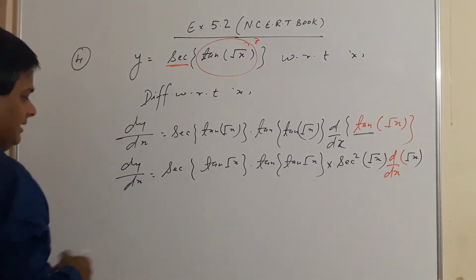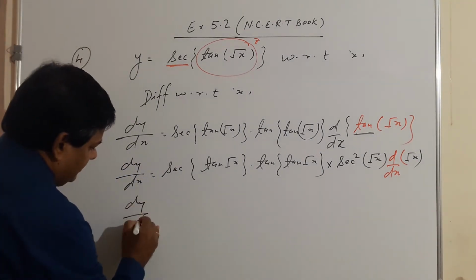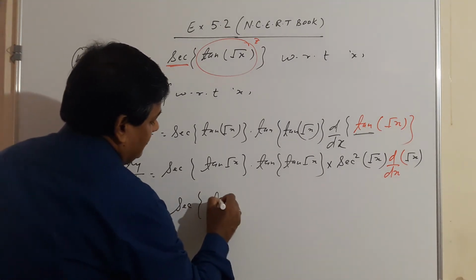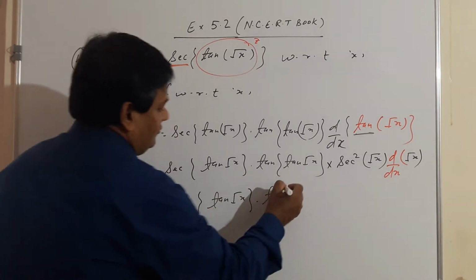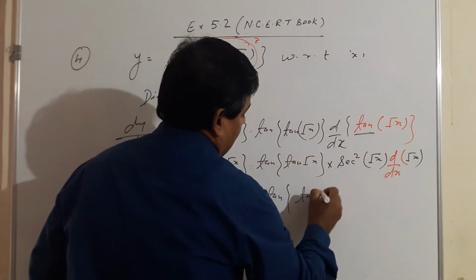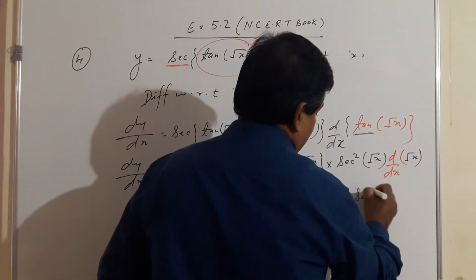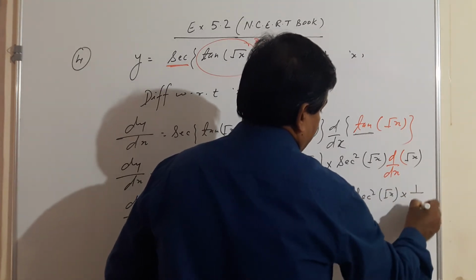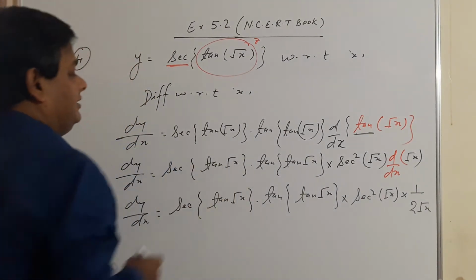So dy by dx is equal to sec tan root x into tan root x into sec square root x into 1 by 2 root x. So this is the answer.